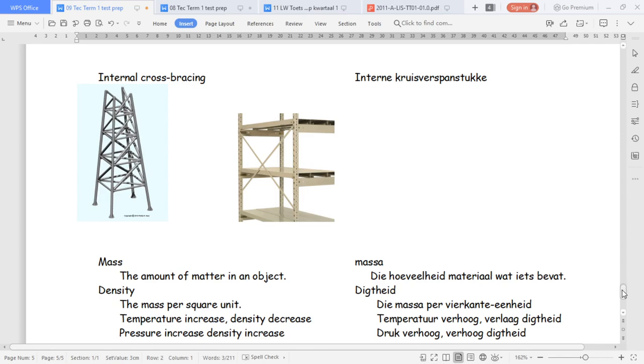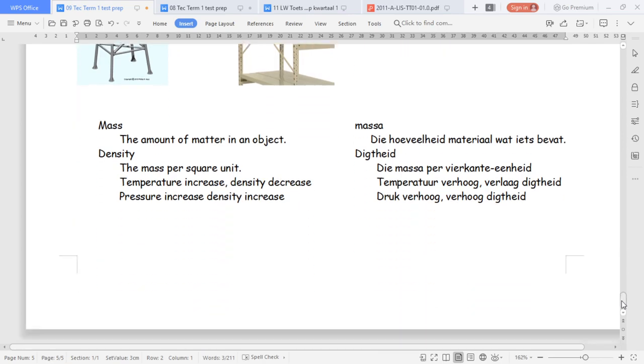Okay, now let's look at mass and density. So massa is die hoeveelheid materiaal wat iets bevat. Mass is the amount of material in an object. So basically, let's look at a steel bar. Okay, so a stuk staal.